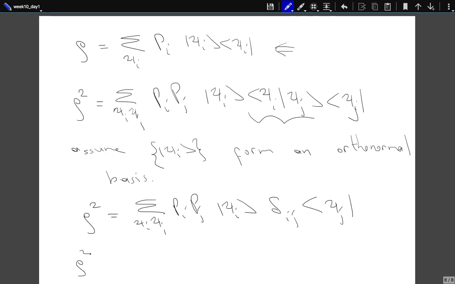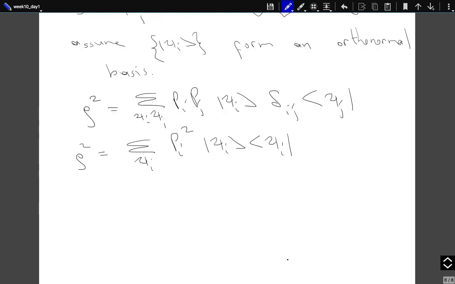So rho squared is equal to the sum over i of |psi i> pi squared <psi i|. But pi being probabilities, pi is always between 0 and 1. They can be equal to 0 and 1. So pi squared is always less than or equal to pi.